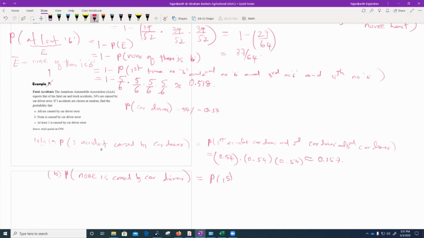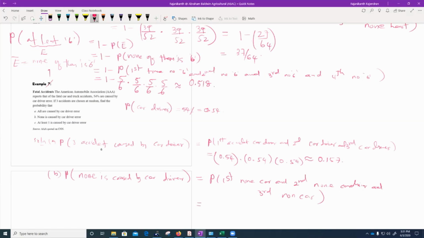The first accident is caused by a non-car driver, and the second accident also a non-car driver, and the third one also a non-car driver.